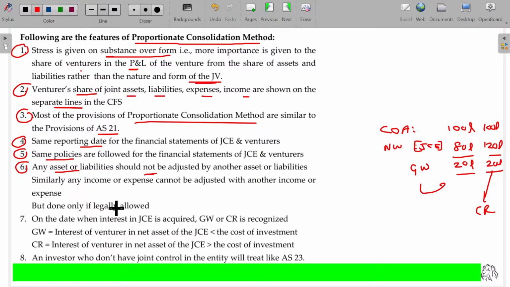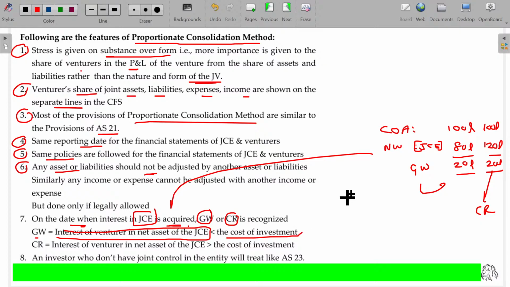All the things we have learned in CFS will be applicable here also. On the date when the interest in the JCE is acquired, you will get either goodwill or capital reserve. So goodwill is nothing but the interest of venturers in the net assets of the jointly controlled entity. If the net assets are lesser and your investment value is higher, then it is goodwill, else it is capital reserve.